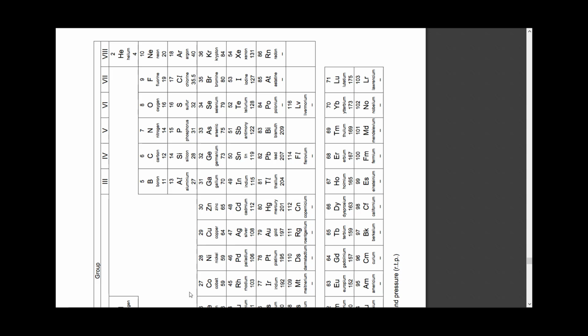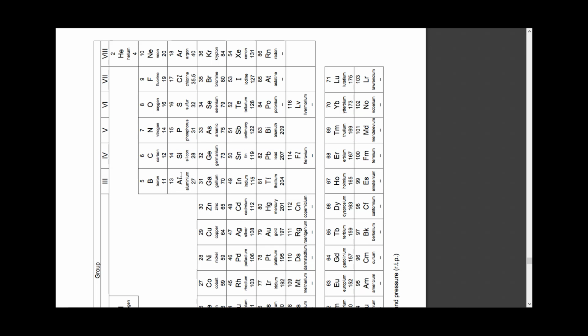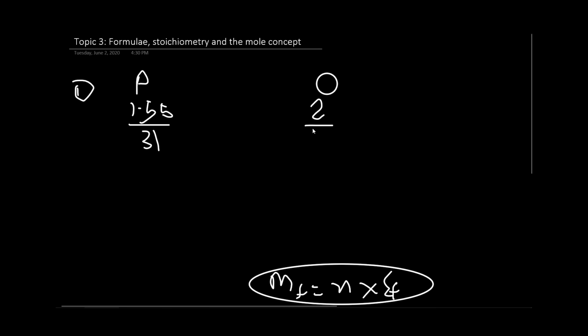So we'll divide 1.55 by 31, and then we'll divide oxygen by oxygen's relative atomic mass, which is 16.